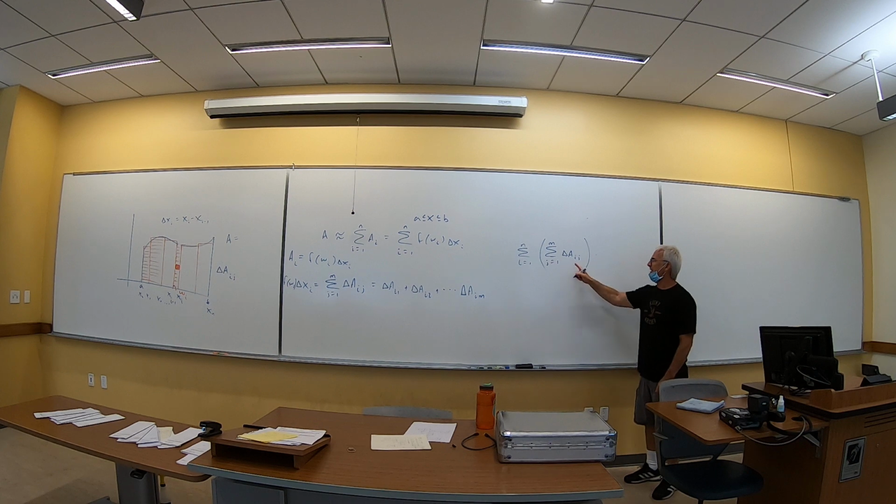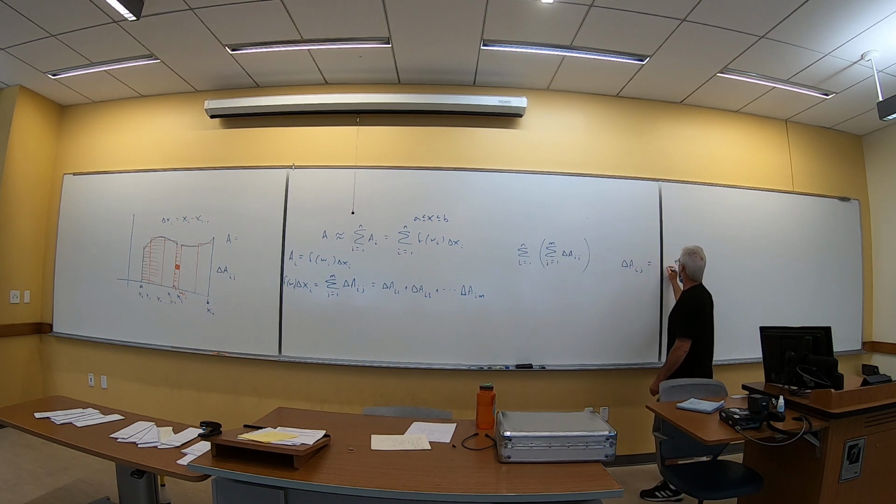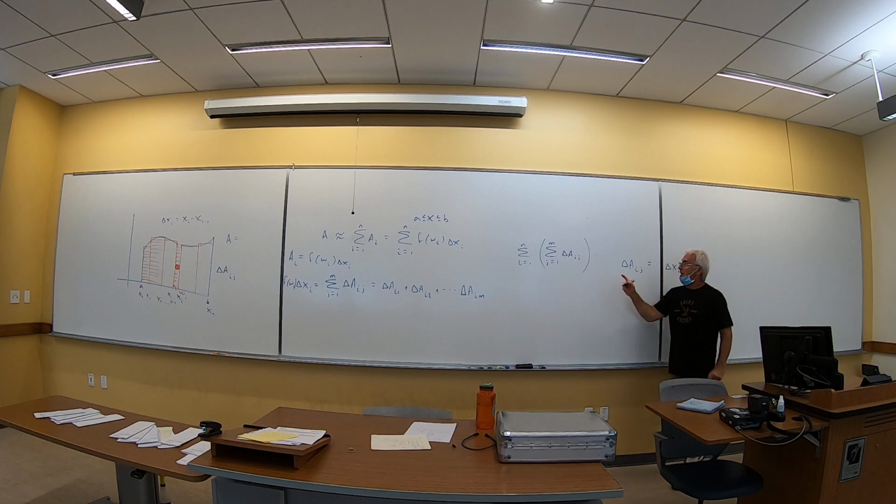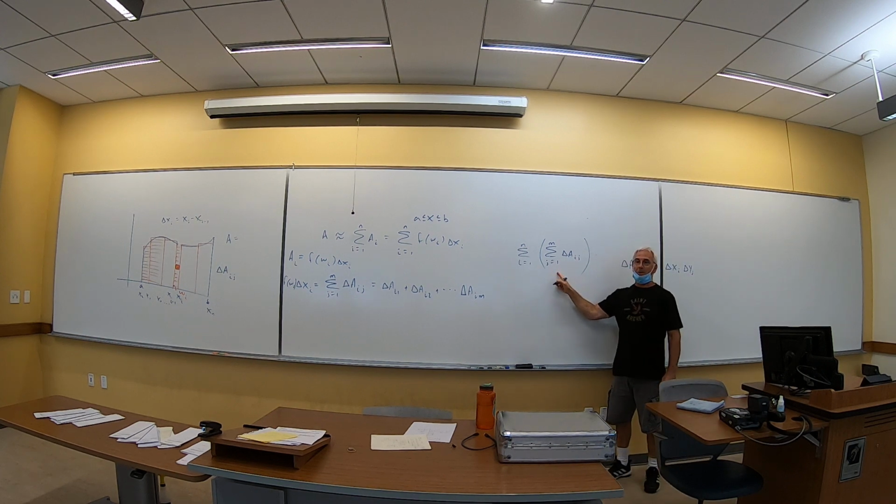Well, technically, now if you look at it, what is delta a ij? Well, that's delta x i multiplied by delta y j. I'm actually taking the little individual pieces. So I have the sum of a sum.